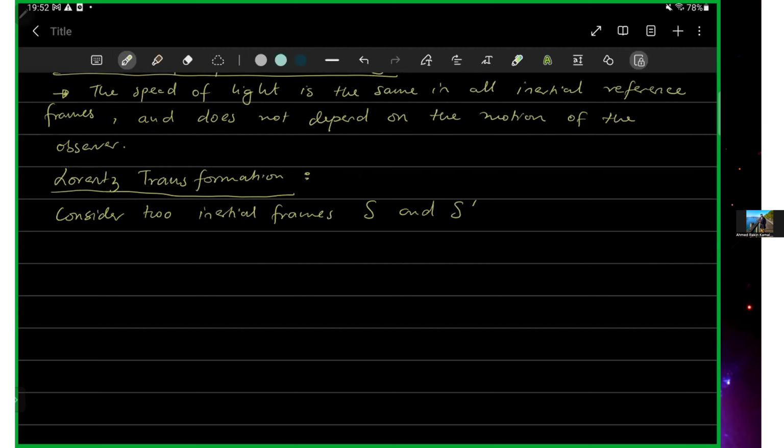And from the point of view of S, the frame S prime is moving with a velocity, let's say v, which is in the x direction.